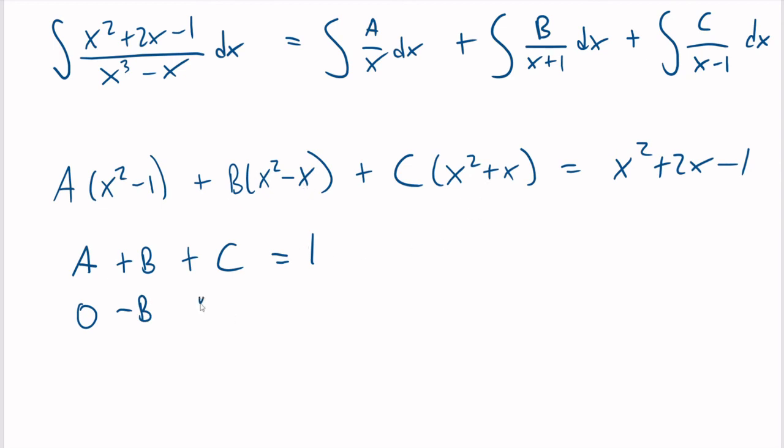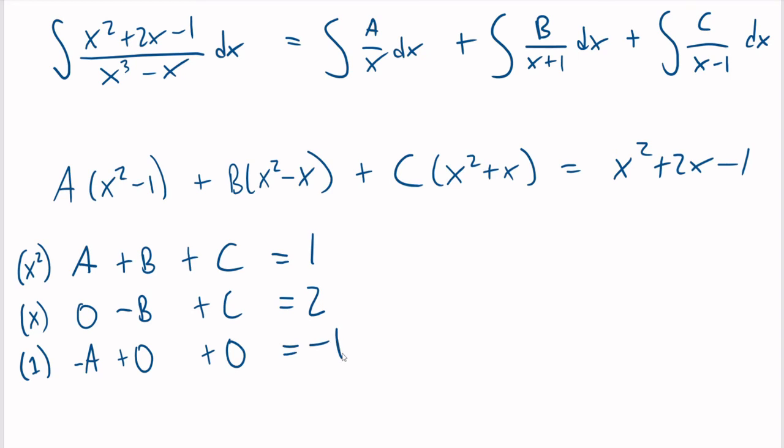And there's a plus C on this x, and that needs to be equal to 2. So again, just so you're reminded, these are the x squareds, these are the x terms, and then here I'll use a 1, but it's the constants. So that's a negative A, no B, no C, equals negative 1.